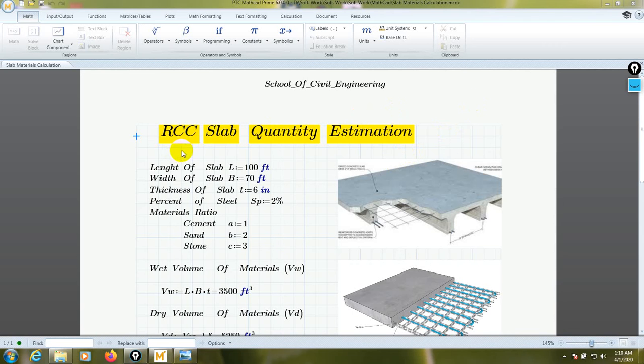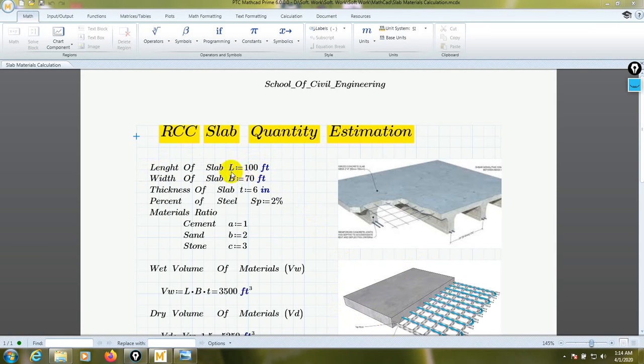Here is our RCC slab quantity estimation. We'll consider that the length of our slab is 100 feet. Suppose that is the length and that is the width.